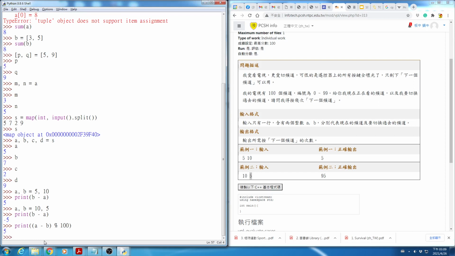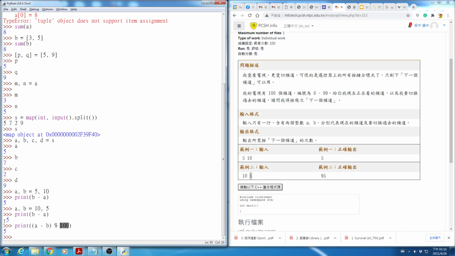And this formula will also work with the values 5 and 10, because what is the remainder of 5 divided by 100? Still 5, right? It's not affected.